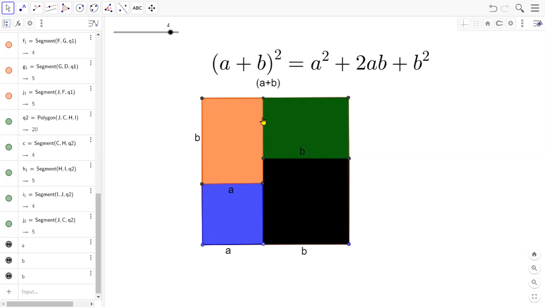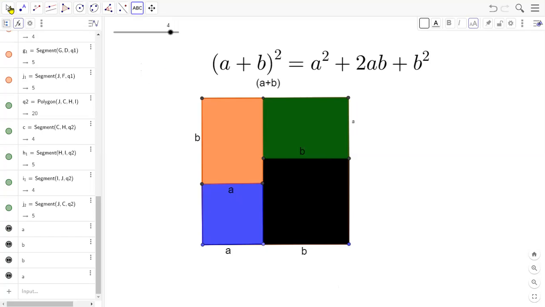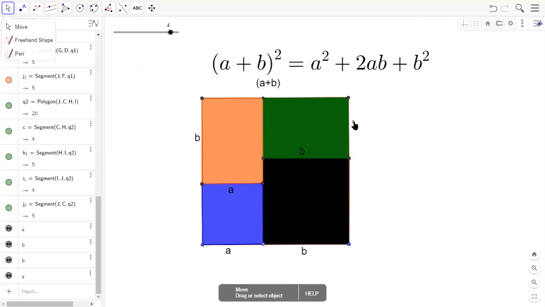Similarly here, the total side is a plus b, and b unit is covered here, so the remaining side will automatically be a unit. Let me type a unit here and enlarge the text size a little.